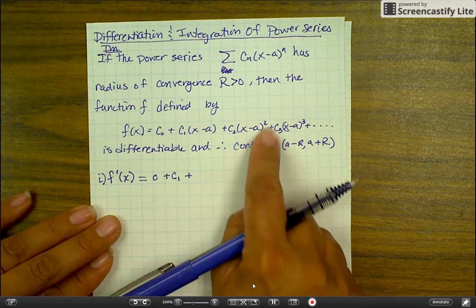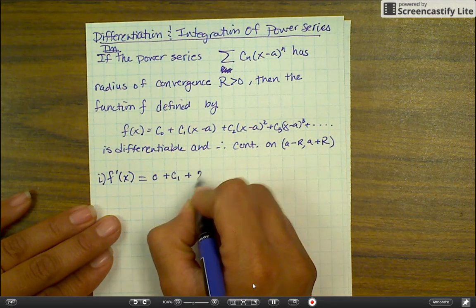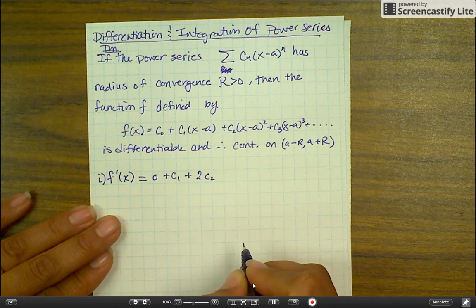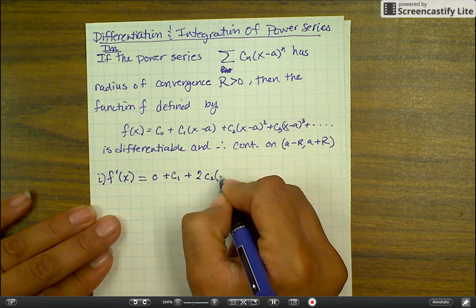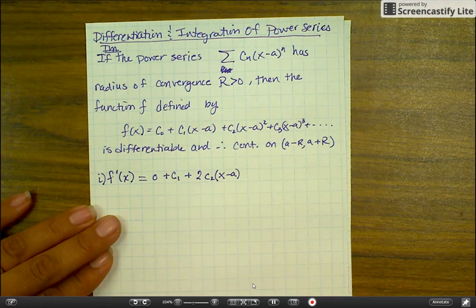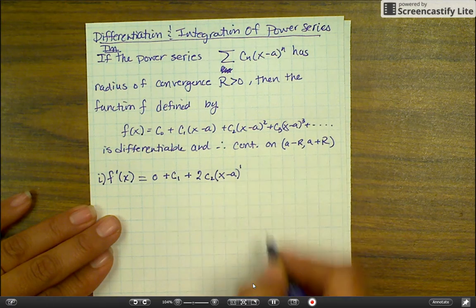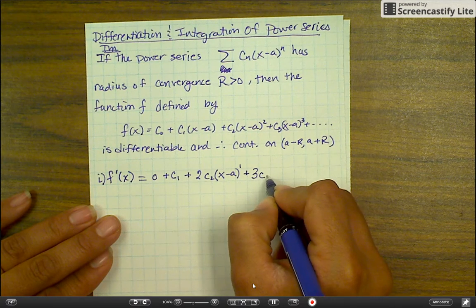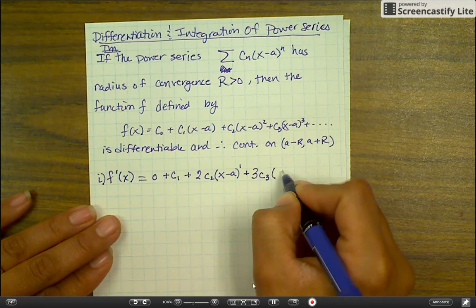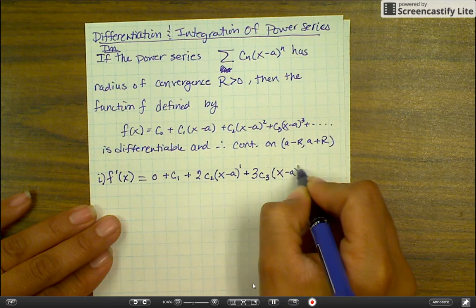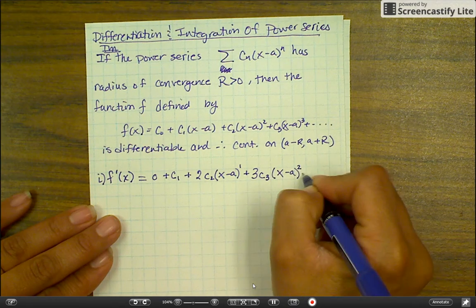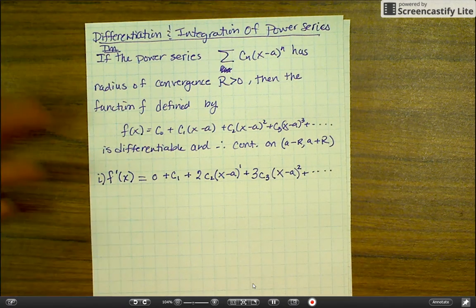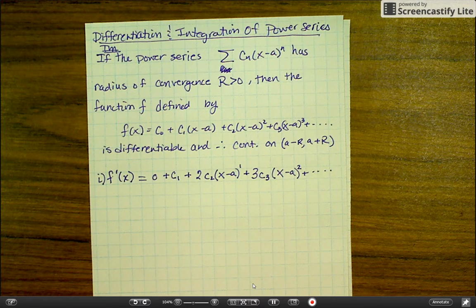Plus then here, this is going to be 2, coefficient 2, times the quantity x minus a to the first power. Plus 3, coefficient 3, times the quantity x minus a to the second power. Plus, and we would keep doing this, we would just use the power rule and make sure that we keep our coefficients, right?